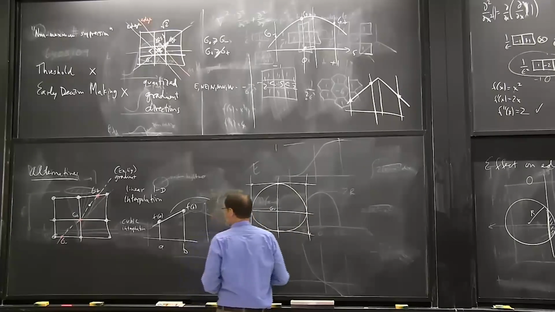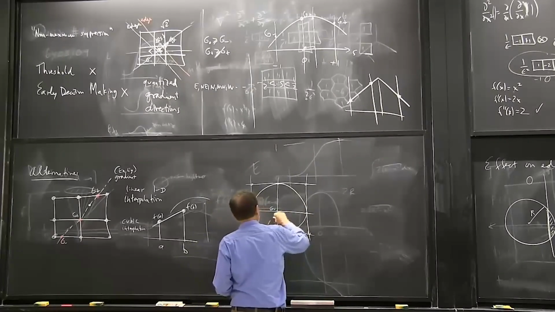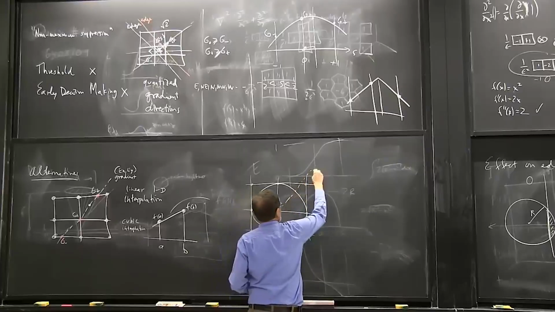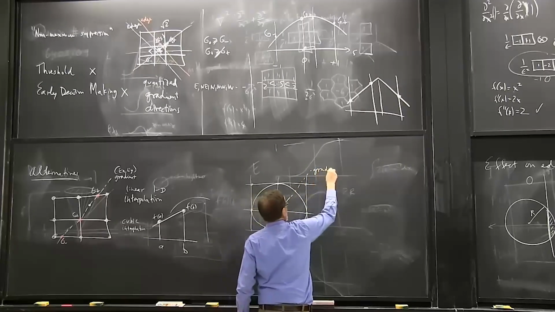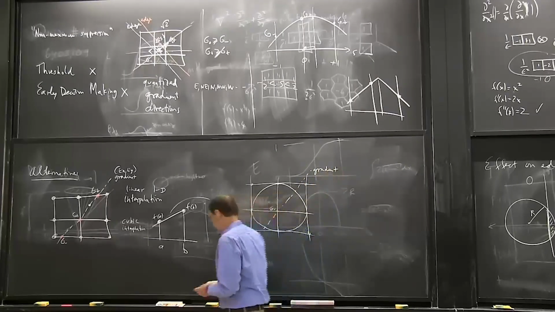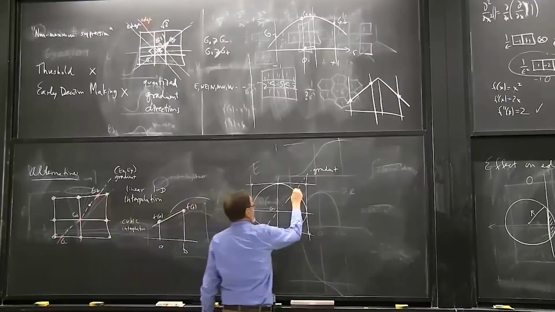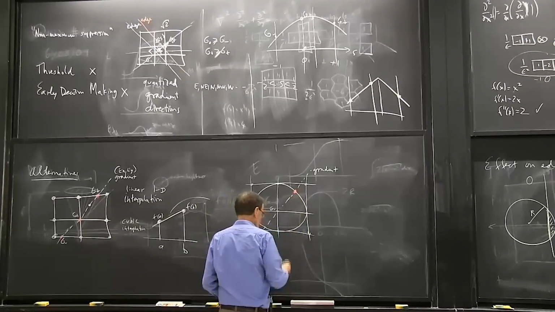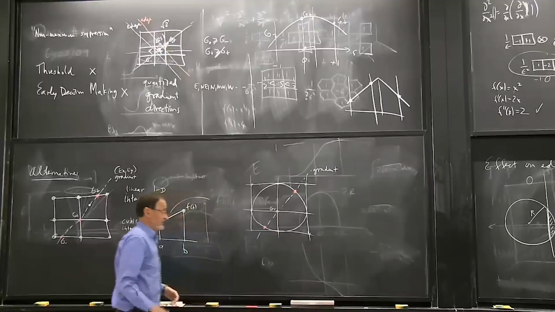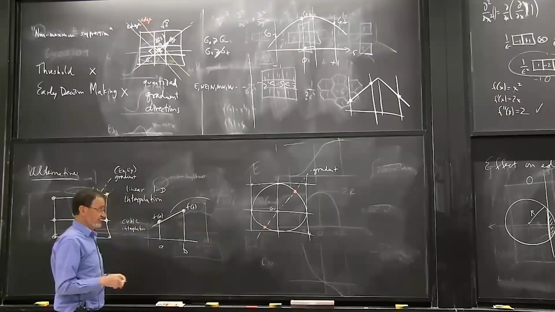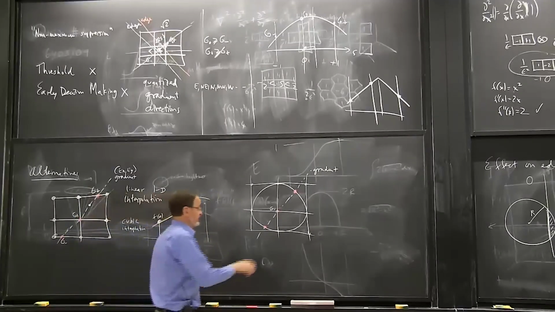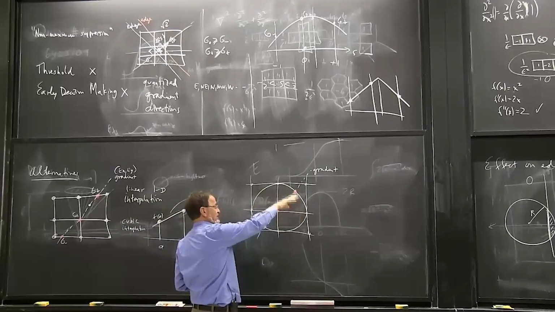And again, we'll pick some gradient direction. And now we use that value and that value and that value. And those are equispaced. They're always the same distance from each other, no matter what the gradient direction.